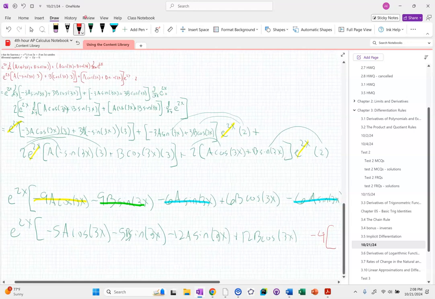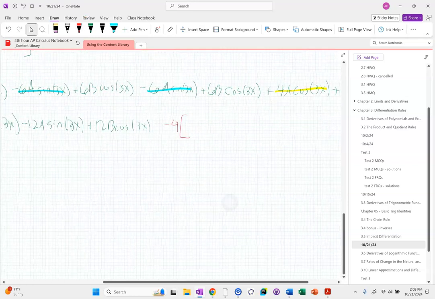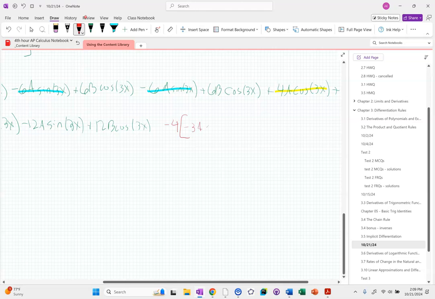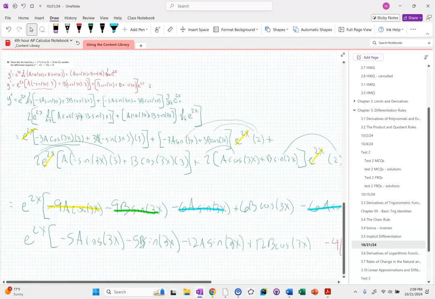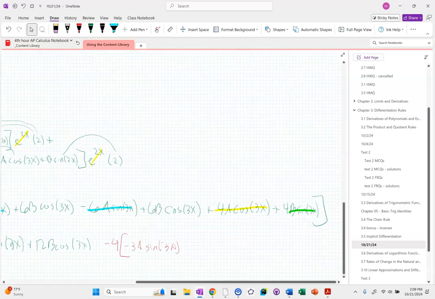Then I'm going to have negative 3a sine 3x, and then I'll have a plus 3b cosine 3x.